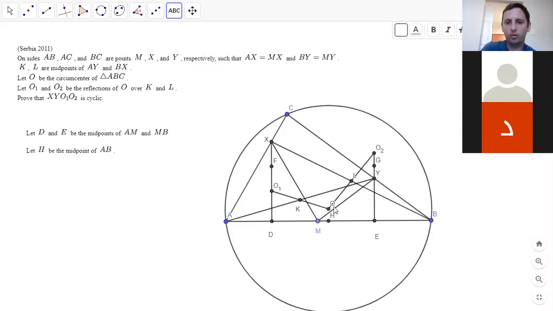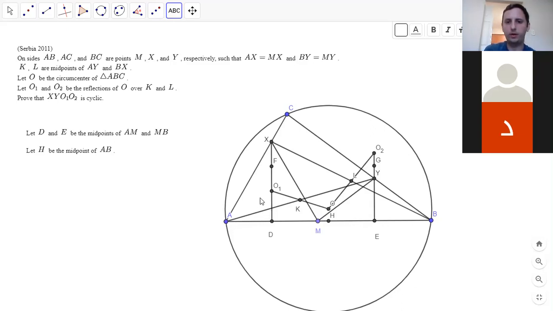So what is K? So K is the midpoint of AY. So yeah, I mean, we could drop the perpendiculars from K and L. Maybe we could use parallelograms, right?